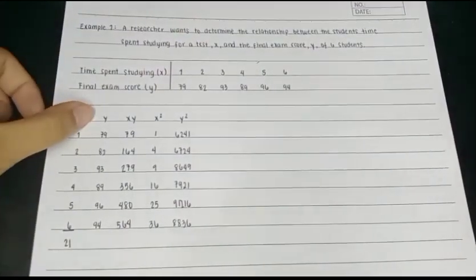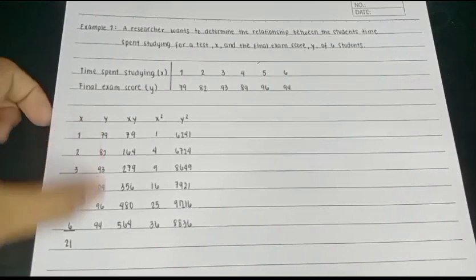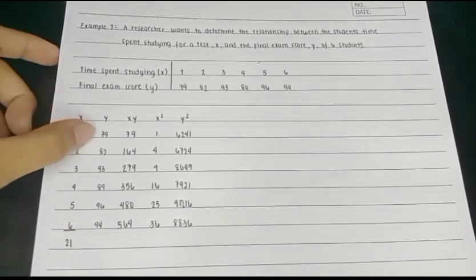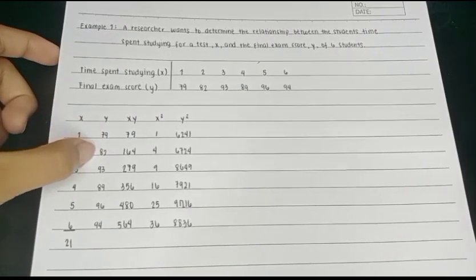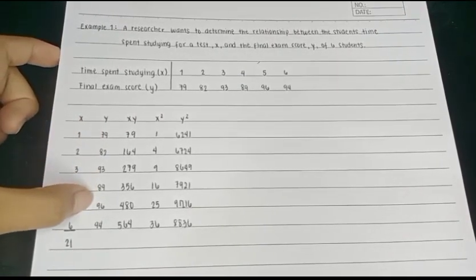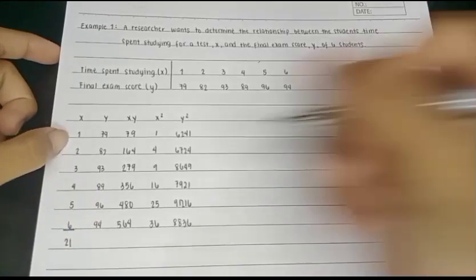Then, next is y. We do the same thing, adding them to get the sum of y. So, 79 plus 82 plus 93 plus 89 plus 96 plus 94 is equal to 533.